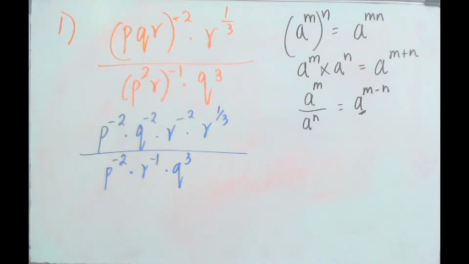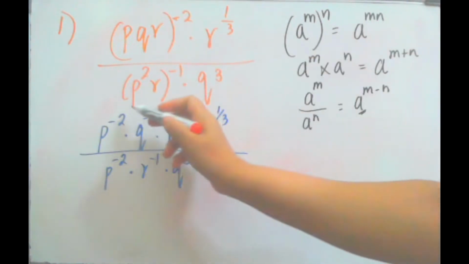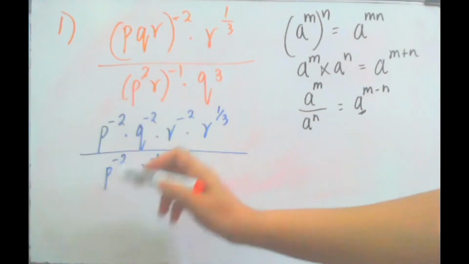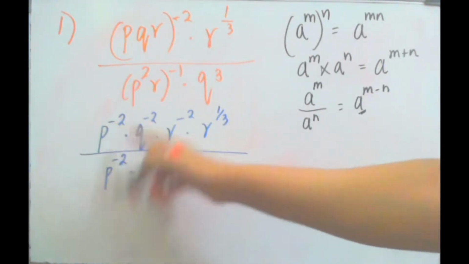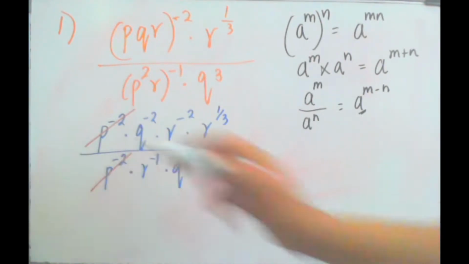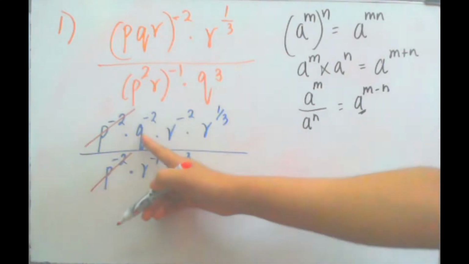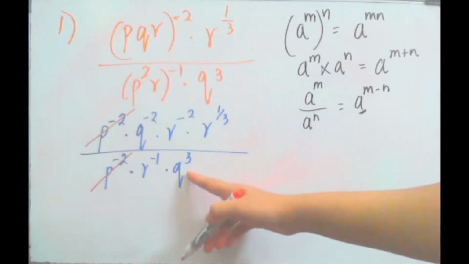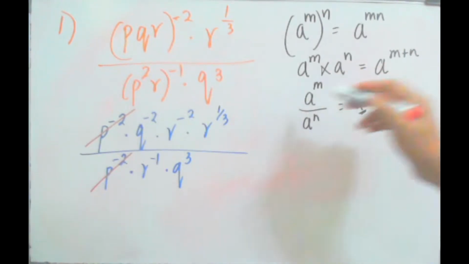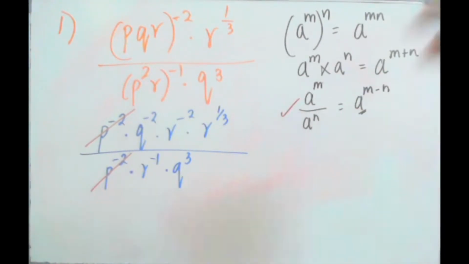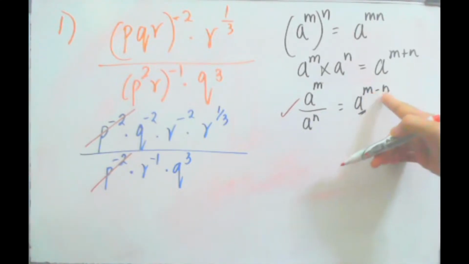Okay, so we will see that some of the terms are cancelling each other, that is P power minus 2 and P power minus 2. Both are exactly the same. Base is same, index is same, so we can cancel them. Let us look at Q power minus 2 and Q power 3. We cannot cancel here. We have to apply the a power m divided by a power n rule, where m and n are subtracted.